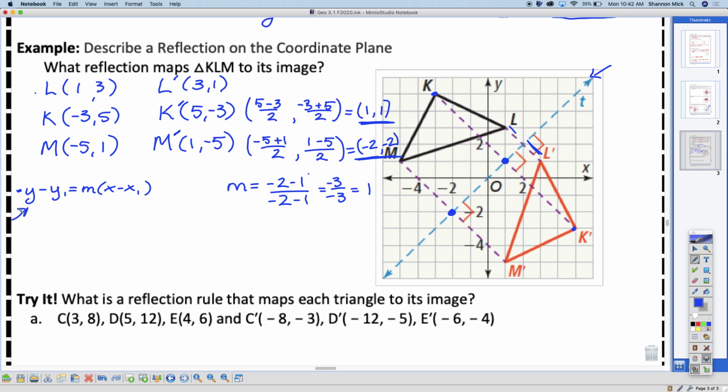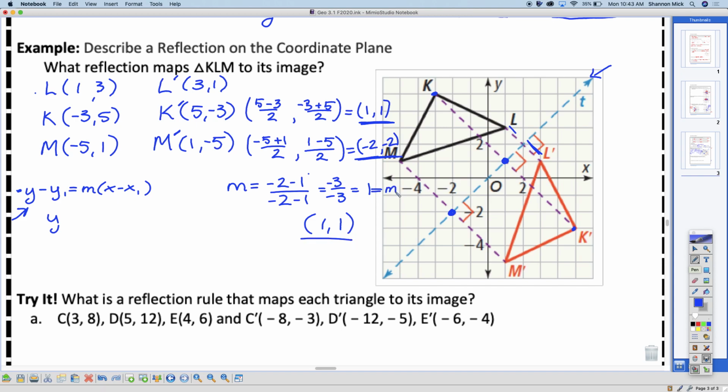So y is just y equals, not equals, minus. I'll put the point that we're going to use. We're going to use the point 1, 1, right? So here's our point, here's our slope.